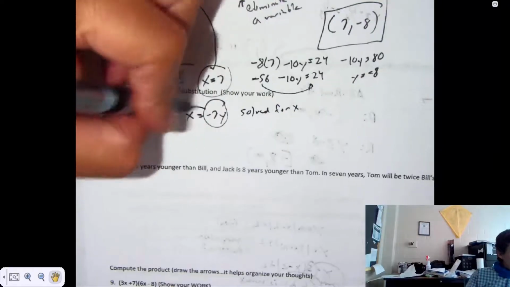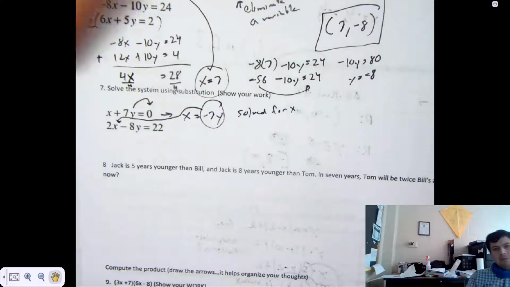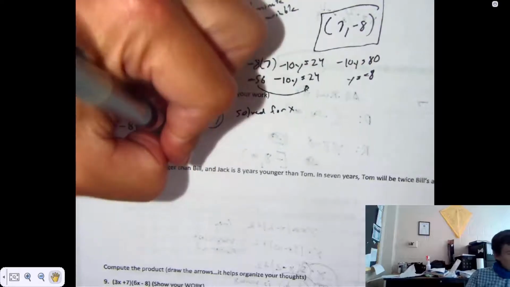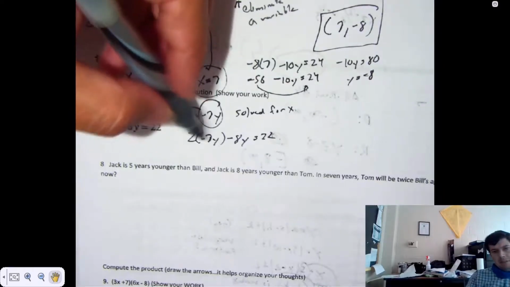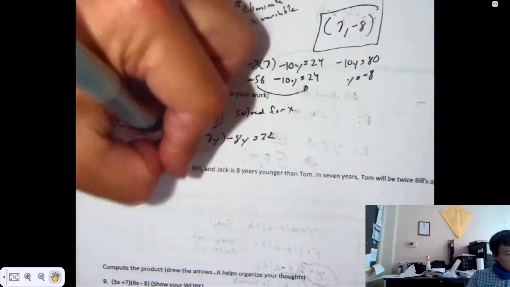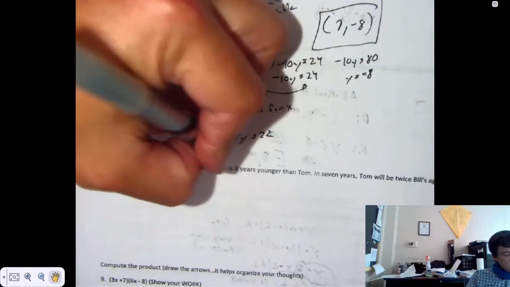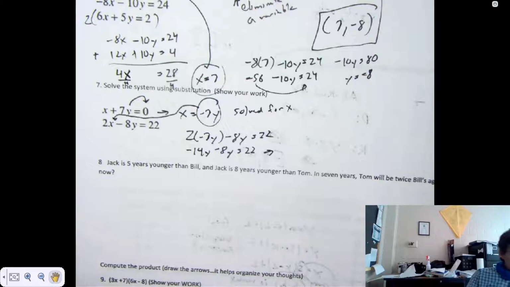So everywhere I see an x in equation number 2, I can just substitute it in. So twice a negative 7y minus an 8y must be 22. This is going to be a negative 14. That's a negative 8. And when I put a negative 14 and negative 8 together, I get a negative 22. So negative 22y equals 22.